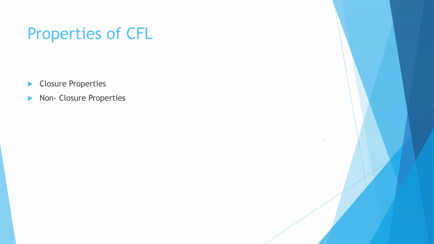Now, very importantly, you need to learn properties of context-free languages. Now, properties of context-free languages come under two heads: closure properties and non-closure properties. They are very interesting, in fact.